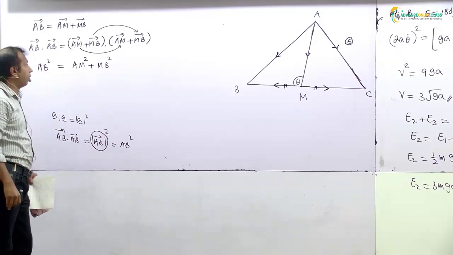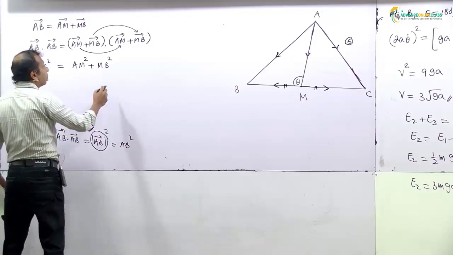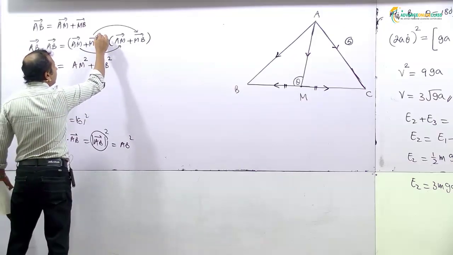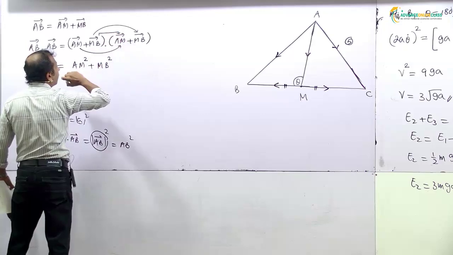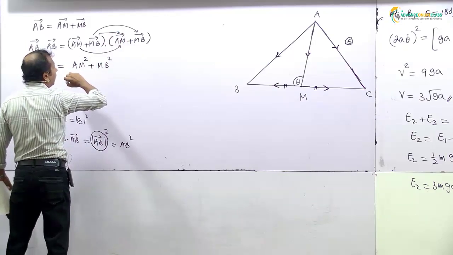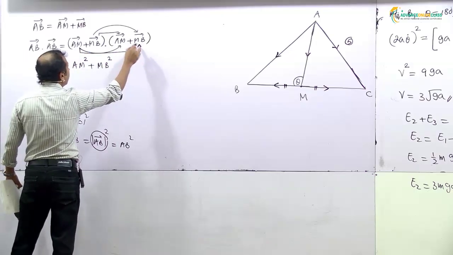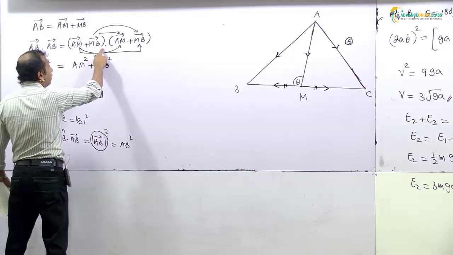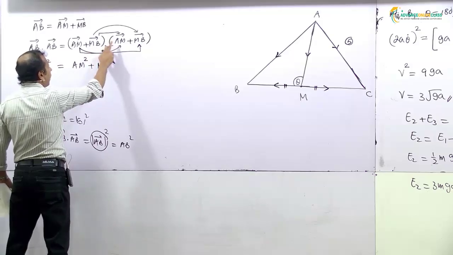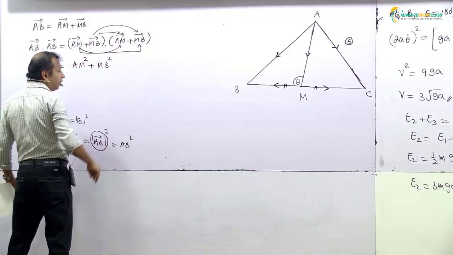Now, we have to take this and this, dot product. And this and this, we have to take dot product. What do you get there? MB dot AM and AM dot MB.